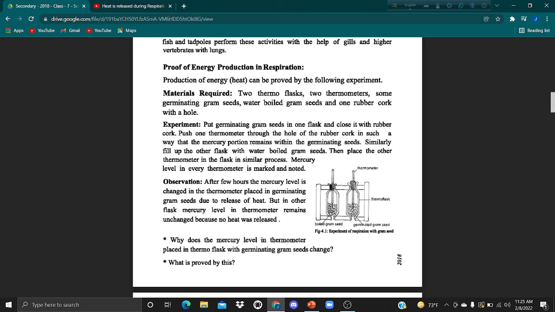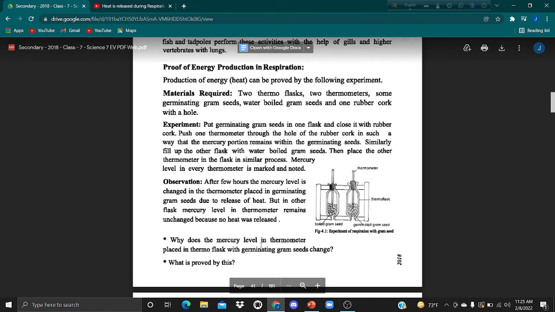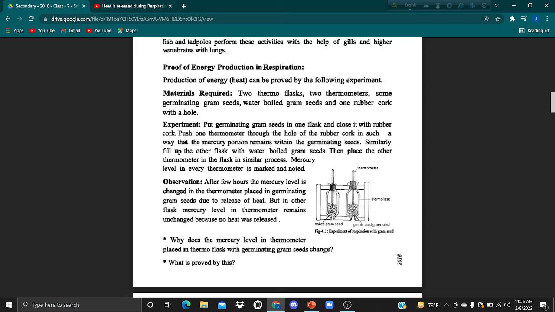Okay, what is proved by this? This proved that production of energy, that means heat, can be proved by this experiment. Production of energy happens in this thermoflask.